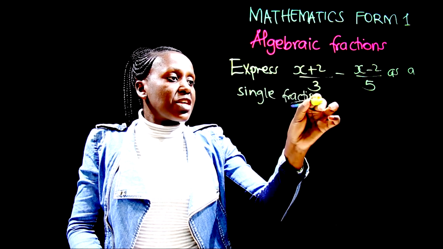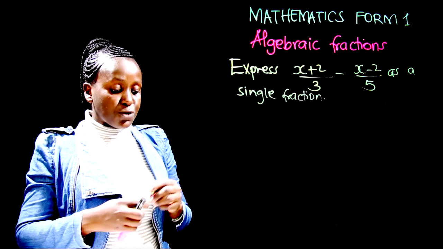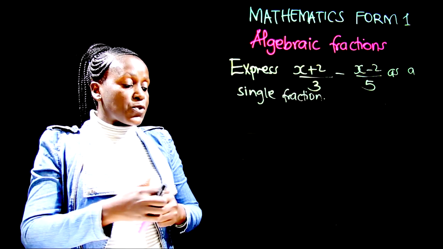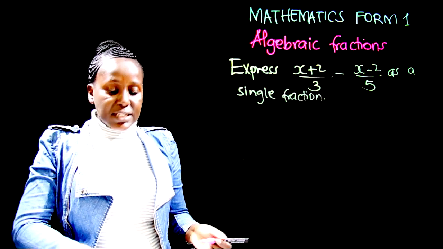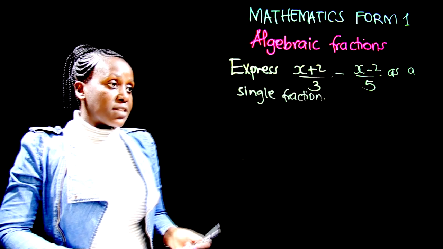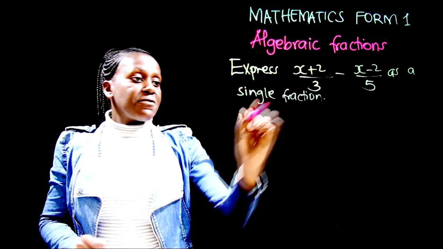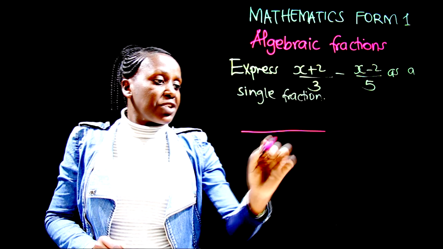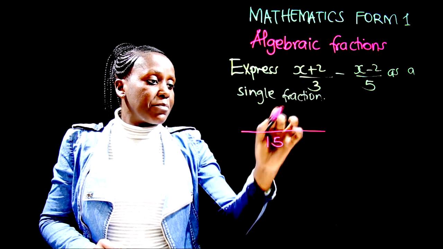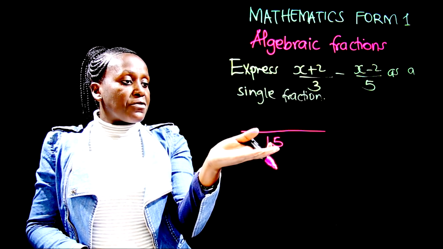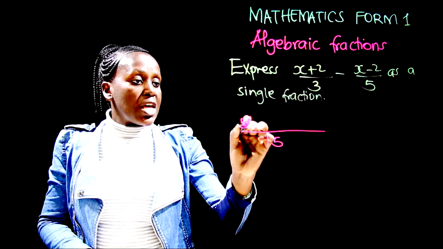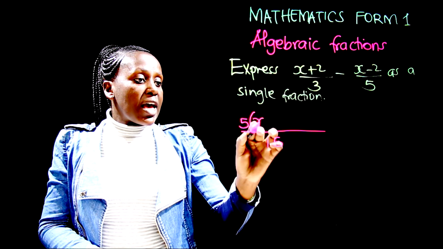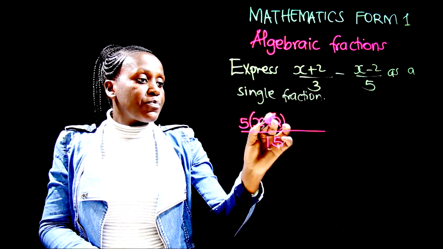For us to do this, we will have to subtract the two fractions. And for us to subtract them, we are going to begin by getting the LCM of the denominators. So we have 3 and 5. The LCM of 3 and 5 is 15. So we have 15 divided by 3, which is 5, then into brackets, x plus 2.